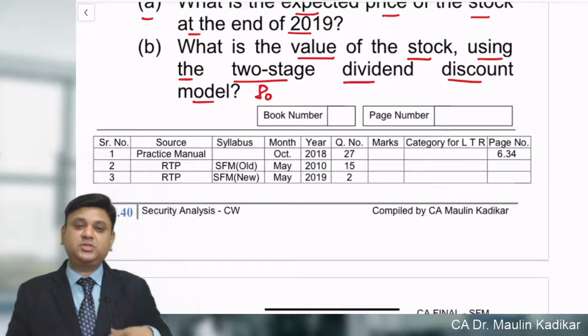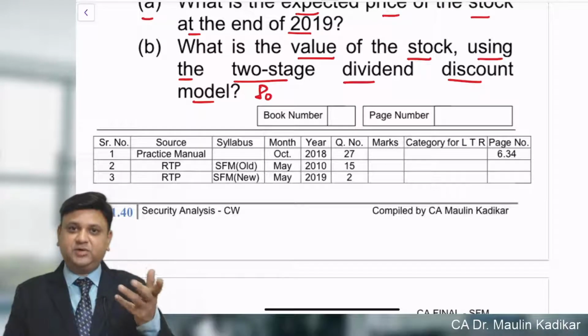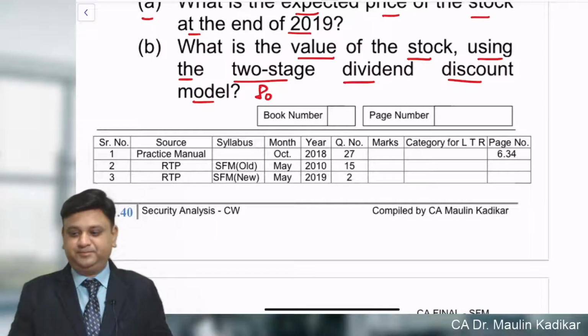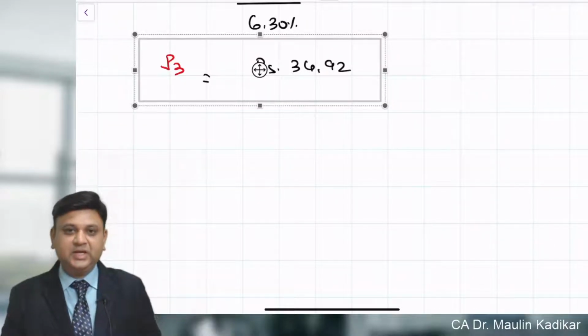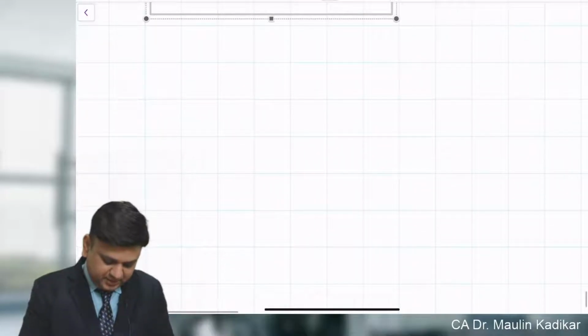And the word two-stage indicates that the growth rate is changing from 6% to 15%. That is the reason the word two-stage is used. Normally, the way we do P0, like that we have to do it. Try to do the answer on your own. Let us see how to do the answer for the second part of the question. Write down the answer along with me.